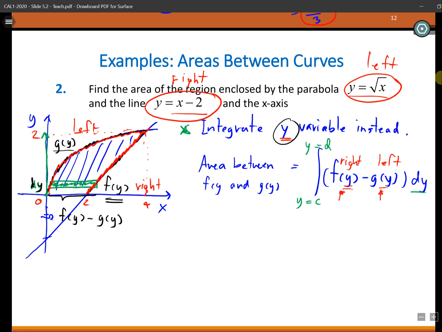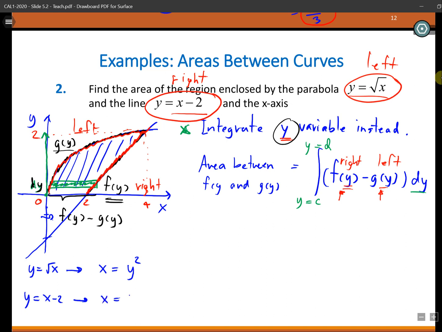From y equal to square root of x, we have to change this to be a function of y. So this becomes x equal to y squared. And the other one is y equal to x minus 2. Switch things around to move x to be alone on the left hand side.